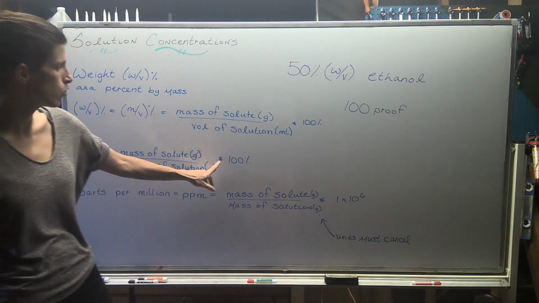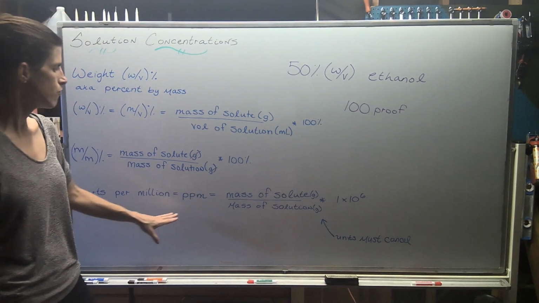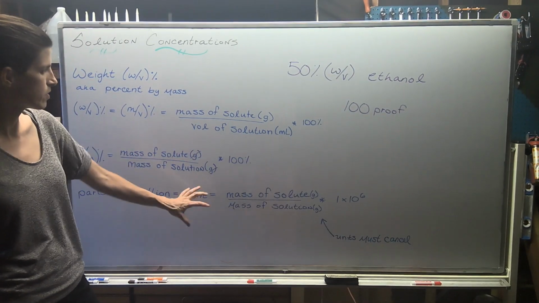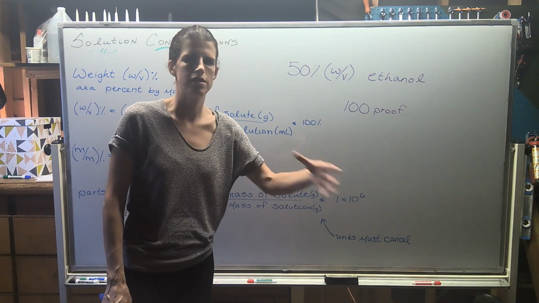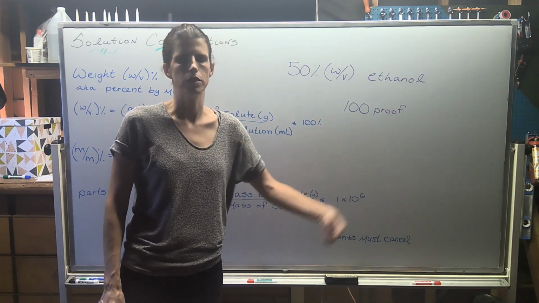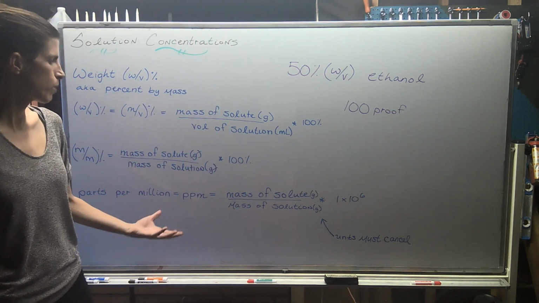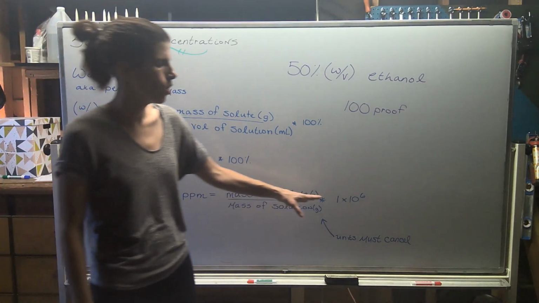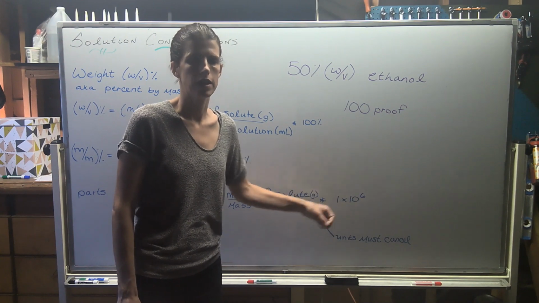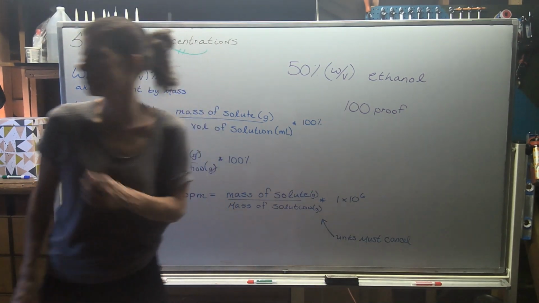So instead of just multiplying by 100%, if we're doing parts per million, it's the same setup, but we multiply by 1 million. And that gets us to a nice number, like 4.6 parts per million. And parts per billion, ppb, is just as common. You would multiply by 1 times 10 to the 9 if you're asked to calculate ppb.